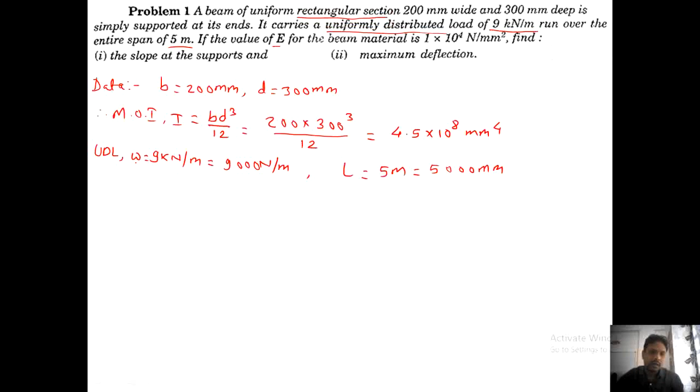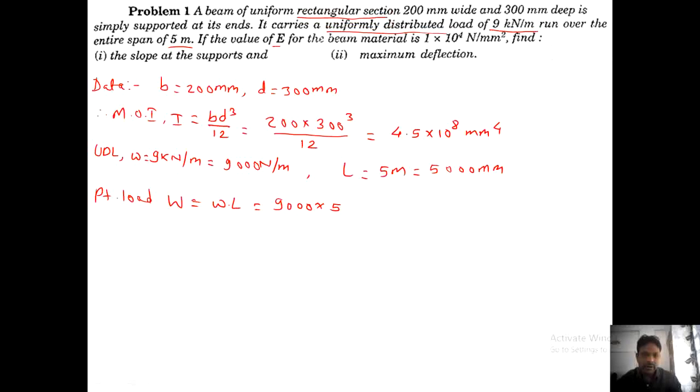Again see, UDL is to be converted in Newton per mm. From UDL we can calculate load. So point load W is what? For UDL it is small w into L, UDL intensity into length. So UDL intensity is 9000 Newton per meter into length is 5 meter.